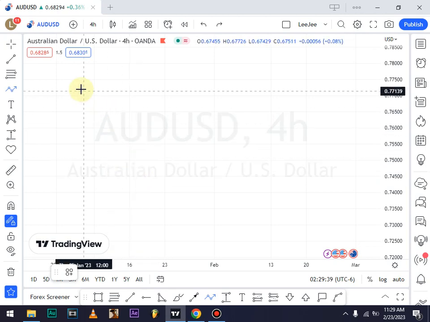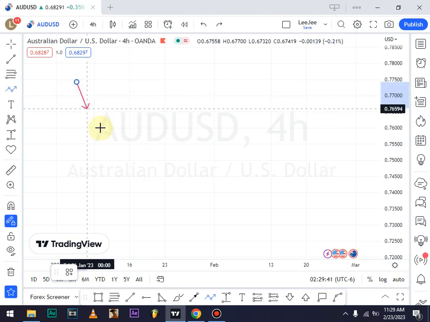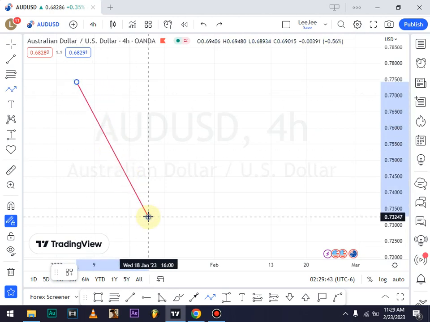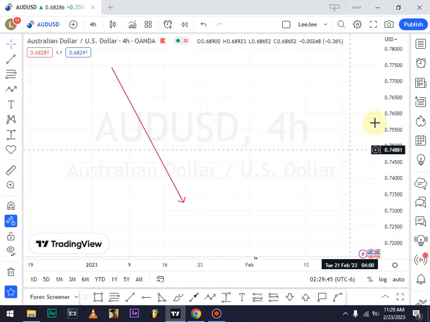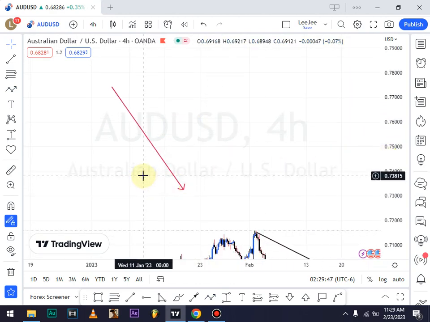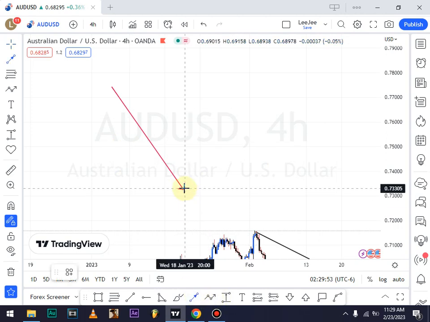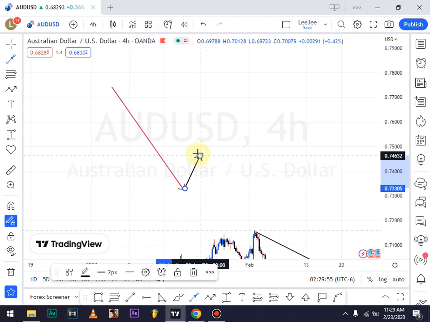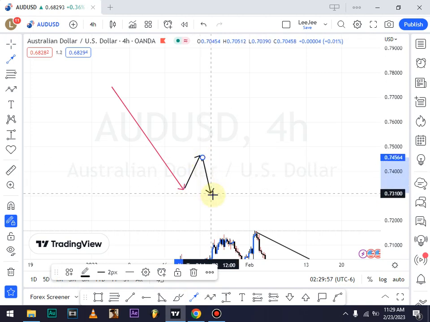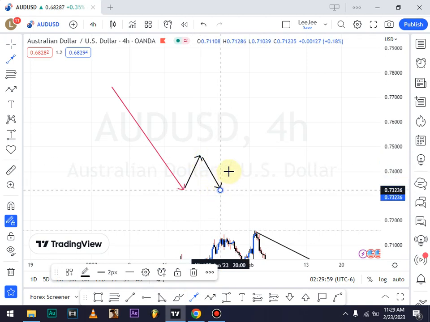Okay, so let's say the price was moving down. Now this is a downtrend. So how do you know that the price now wants to start reversing? This is what I'm talking about. Price will push up, then push down, then now this.